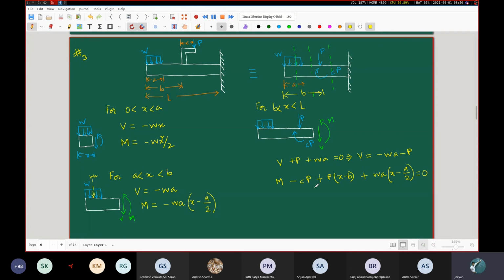So this equals 0, and now you can find the expression for M. M is equal to plus CP minus P times X minus B minus WA into X minus A by 2. That's it. Now you see that in the first part, this M was coming out to be a quadratic expression. In the second part, it is coming out to be linear. In the third part, it is also linear.